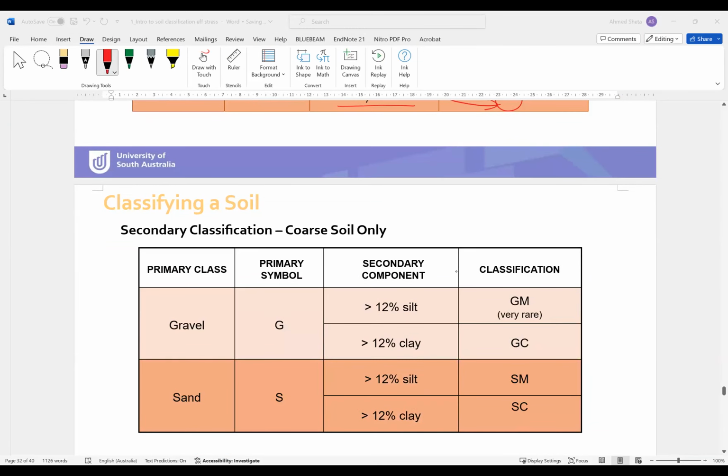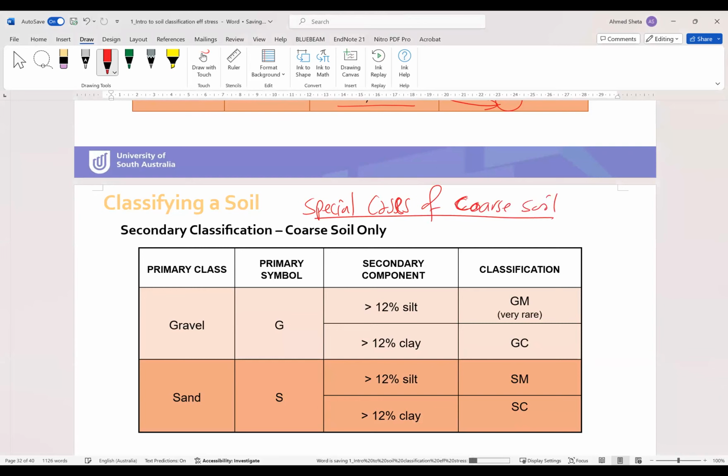There are other special cases of coarse soil. In some cases, the soil has more percentage of silt or clay.